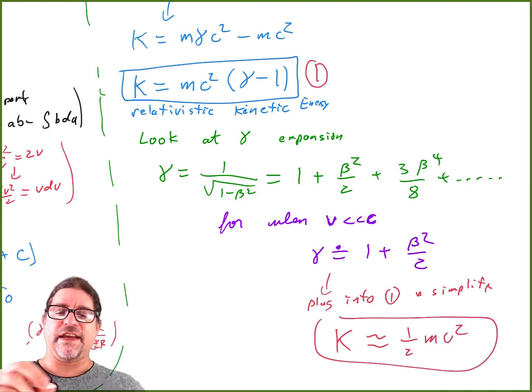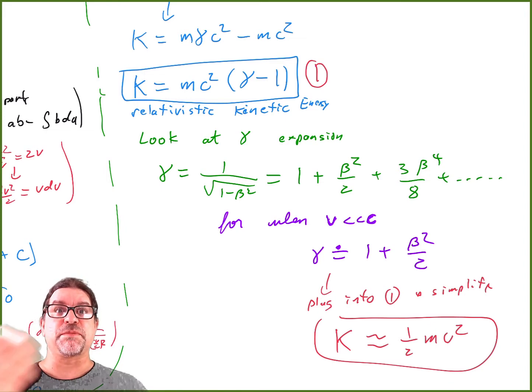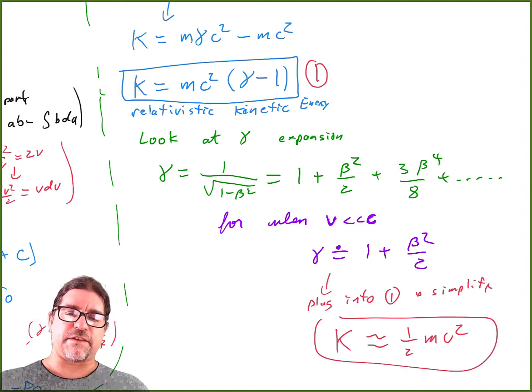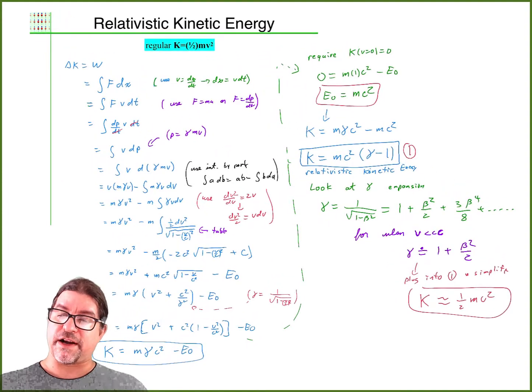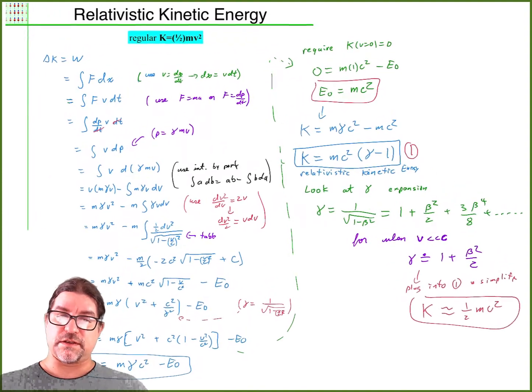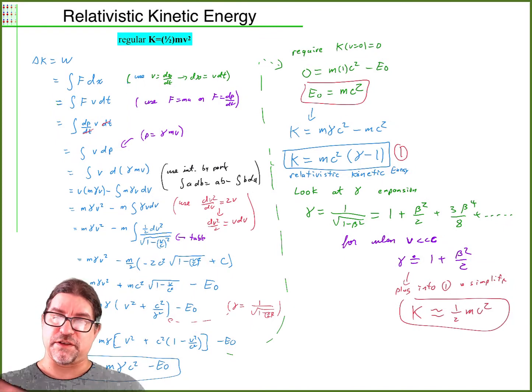So it looks like a weird expression for kinetic energy, but it simplifies down to the kinetic energy that we're familiar with in everyday life. So that's always a useful thing when our theory for high-speed motion properly reduces to the everyday experience of kinetic energy. What a derivation. How much fun was that?